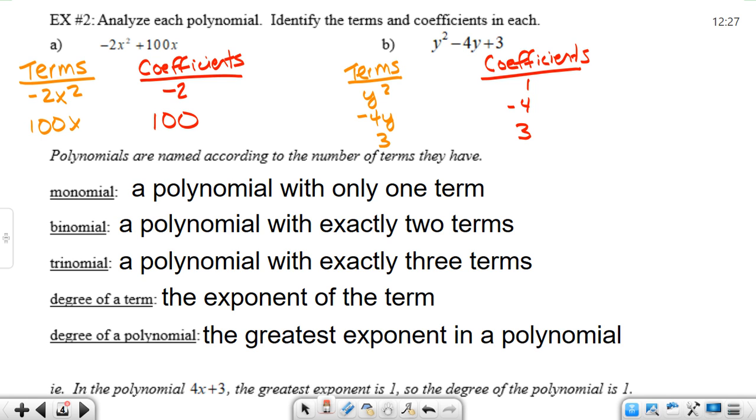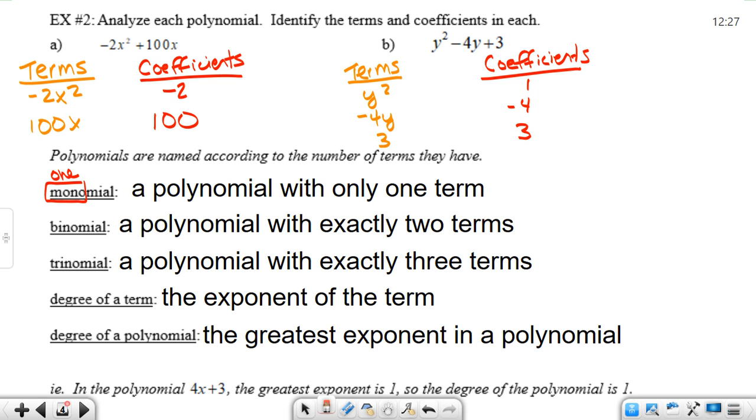If we start off with the first, a monomial is a polynomial with only one term. Some of you might recognize the root word here, mono, which does mean one.